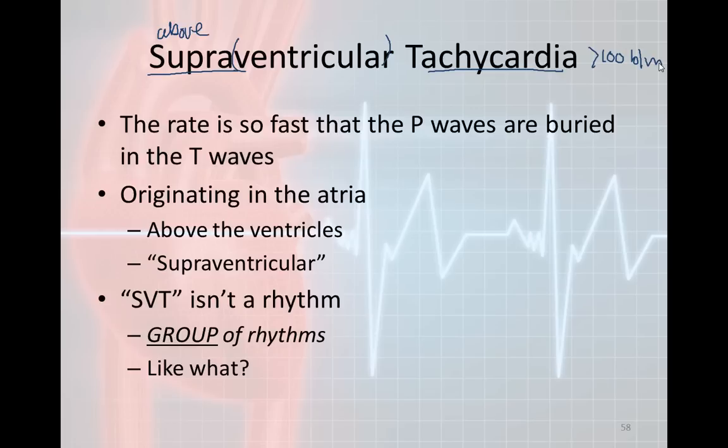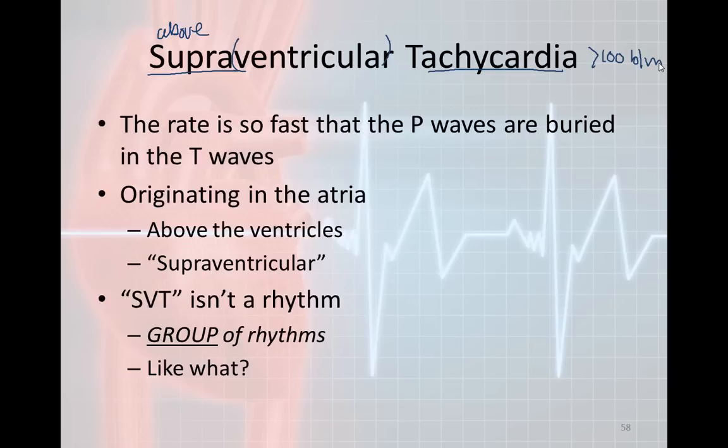VTAC is over 100 beats a minute, so it's over 300 or 250. And then you have junctional tach, which is a junctional rhythm that's over 100. You have sinus tach, which is sinus rhythm that's over 100. You have multifocal atrial tach, which is a wandering atrial pacer that's over 100 beats a minute. Anything that's over 100 beats a minute is considered a tachycardia. So when you think about it, anything that originates above the ventricles is considered supraventricular tachycardia.